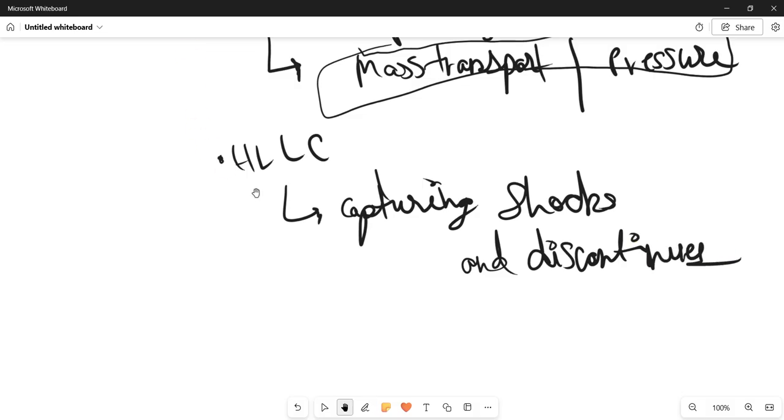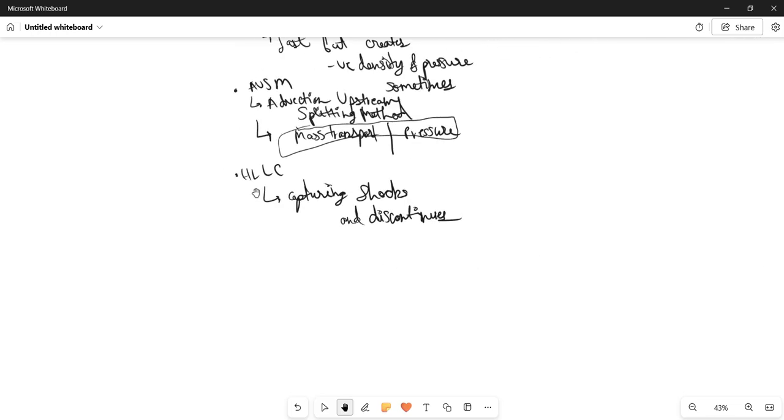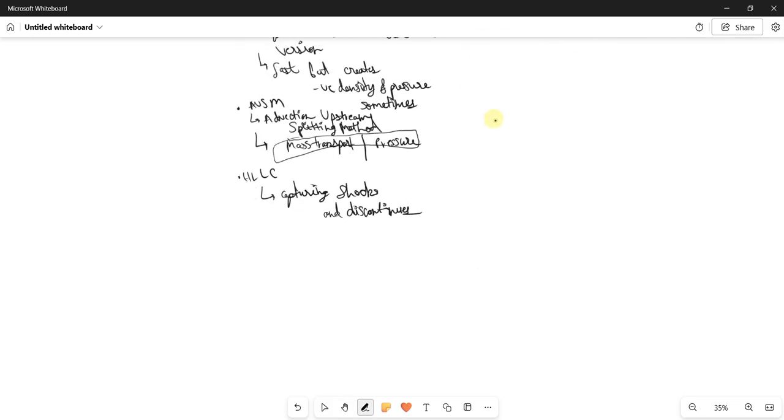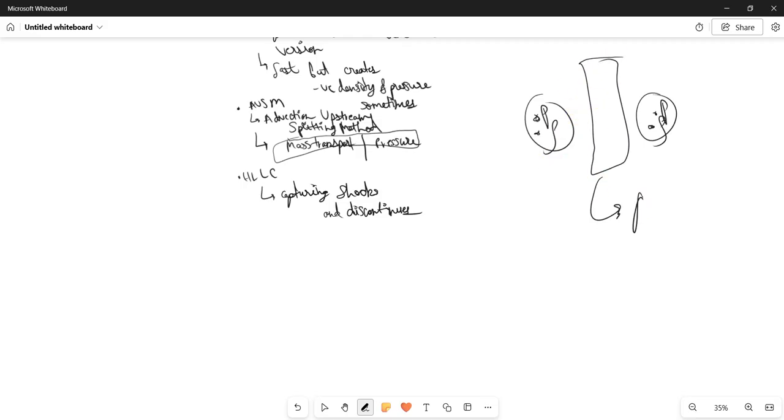So this was just a general overview of the Riemann problem. Just for the gist again, you have a left side and a right side, with P and rho on each. If you have a wall that separates them and you remove this wall, what will be the conditions is what we need to know.